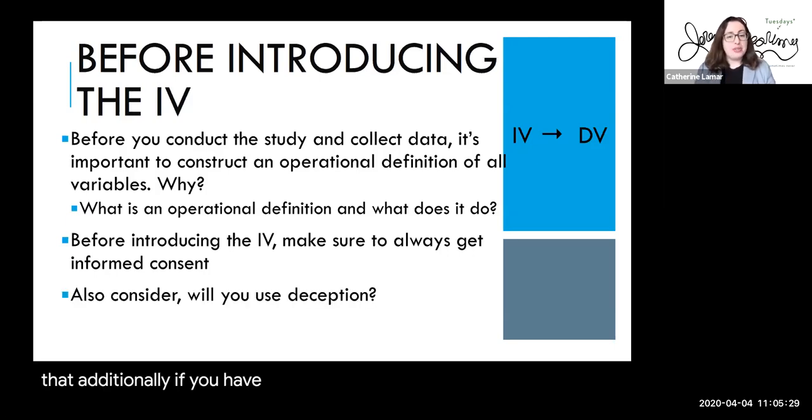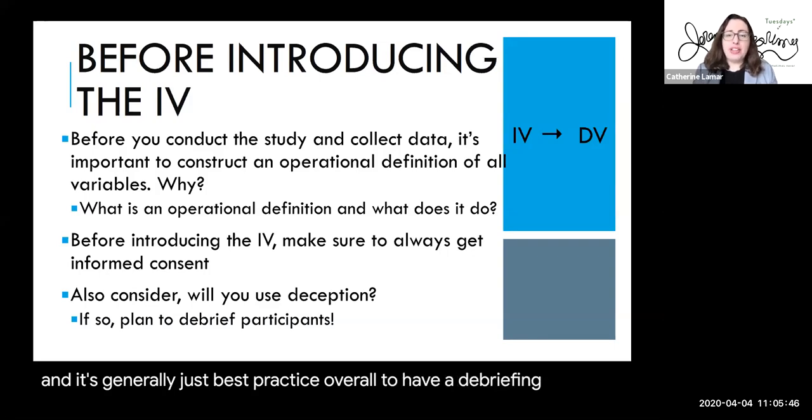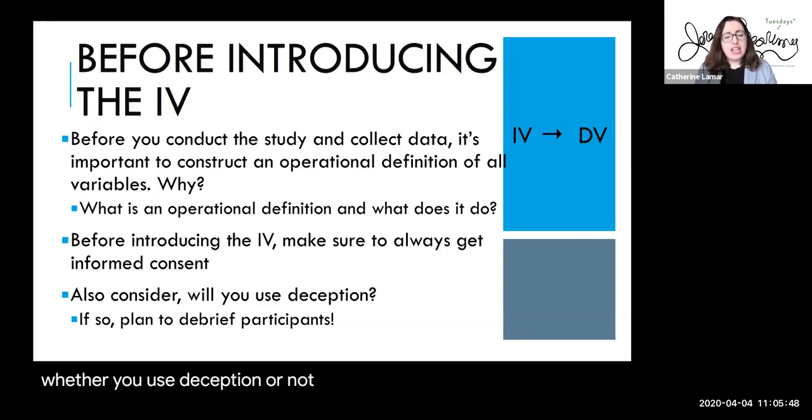Additionally, if you happen to use deception on your participants, what do you always have to have? A debriefing. If you use deception in any way, it's always important to debrief your participants. And it's generally best practice overall to have a debriefing form, whether you use deception or not. So in addition to a consent form, all of the research teams will also have a debriefing.